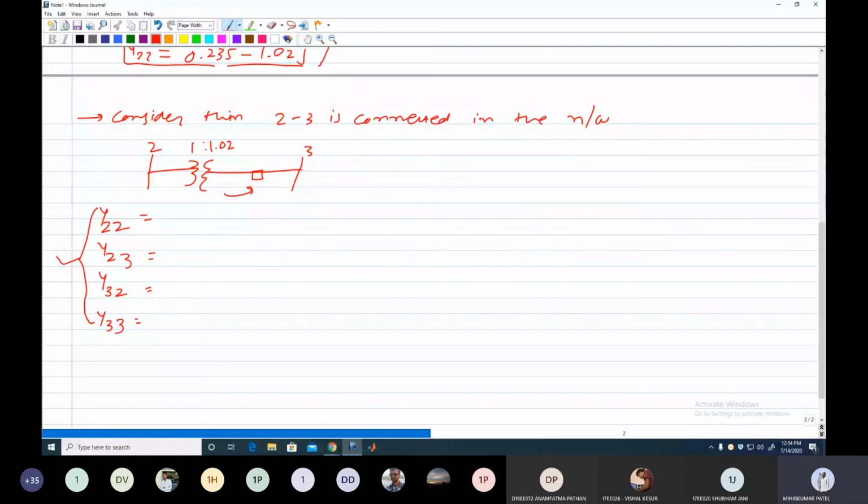It is connected on bus number 2. So we can consider i equal to 2 and j equal to 3. I have already told you why: i and j are bus numbers.